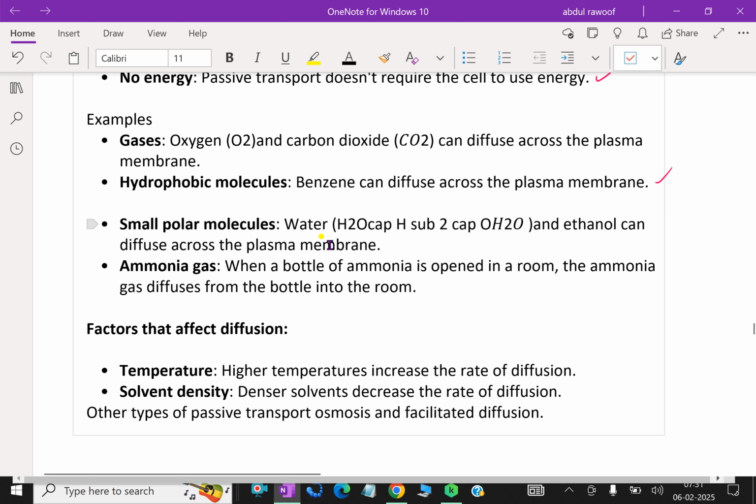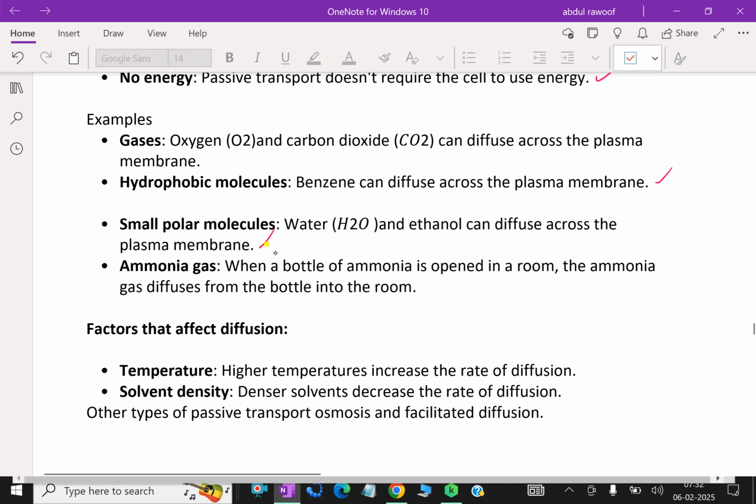Small polar molecules, that is water H2O and ethanol, can diffuse across the plasma membrane. Ammonia gas: when a bottle of ammonia is opened in a room, the ammonia gas diffuses from the bottle into the room.